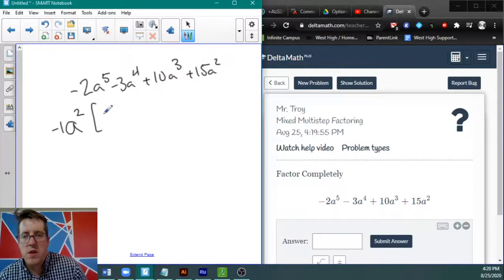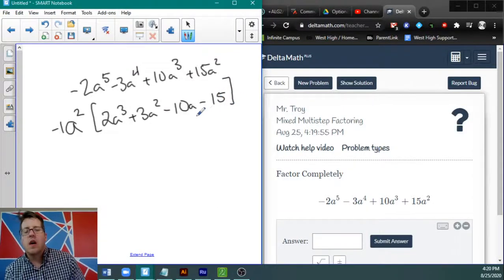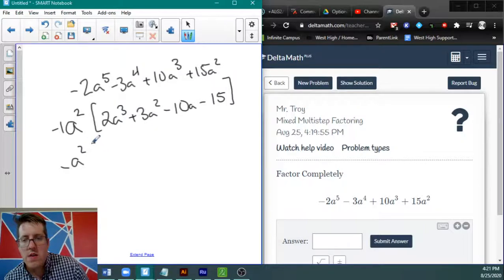So that's going to give me 2a cubed plus 3a squared minus 10a minus 15. You can mix and match your parentheses in order to make it so you can tell that everything is different. So a lot of times for our outside parentheses, we'll use the bracket. Don't confuse with interval notation. It's just a way of making things look visually different. Okay, so there is still a greatest common factor with the first two terms.